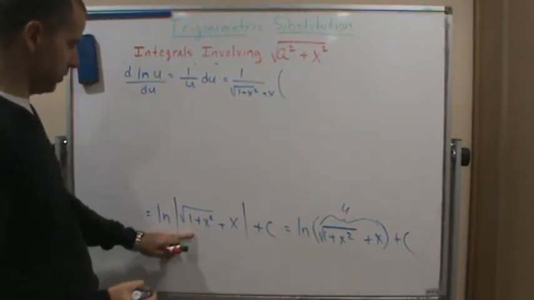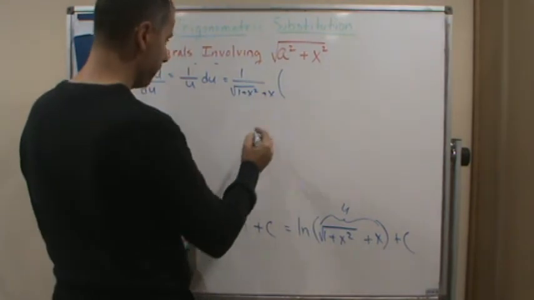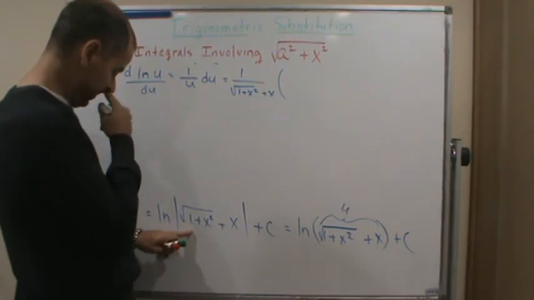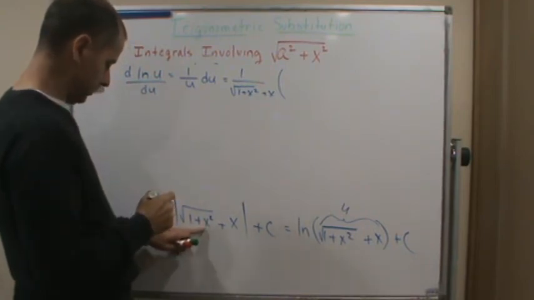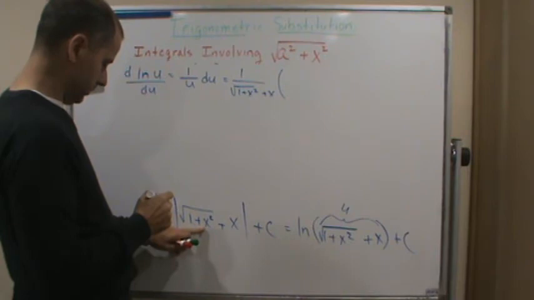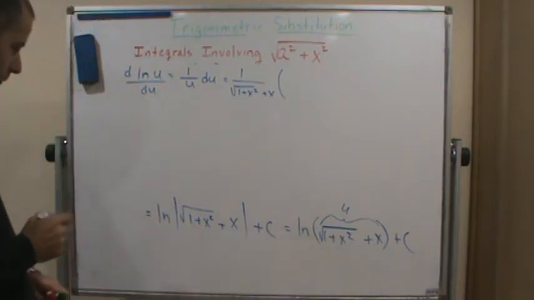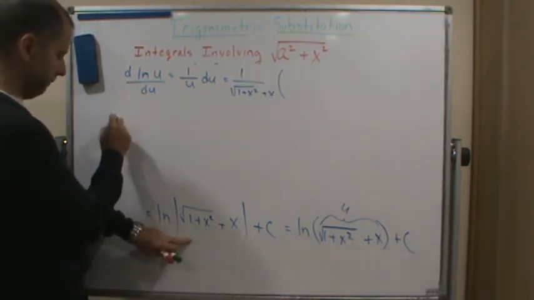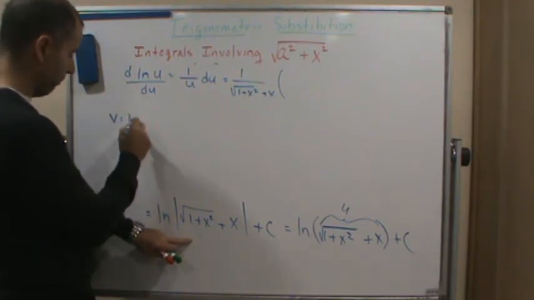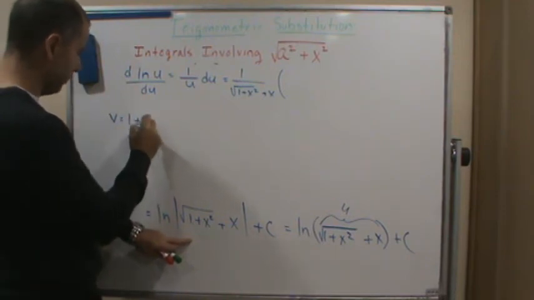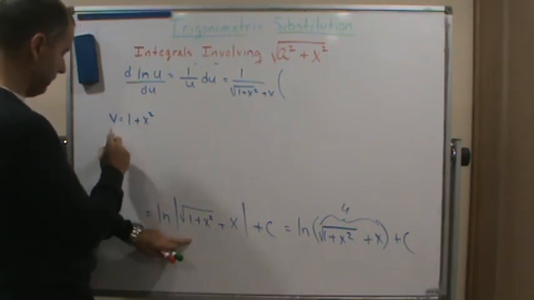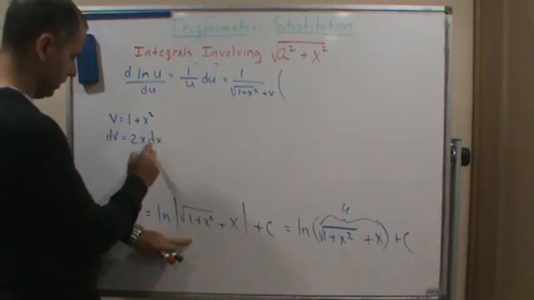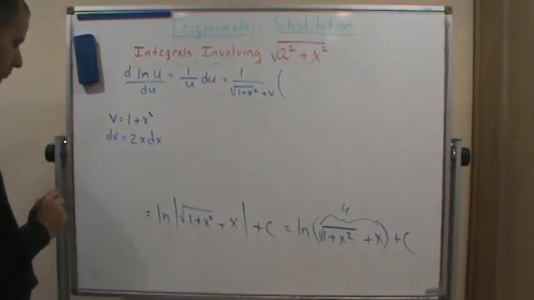Let's do a v substitution, right? So let's say v equals this, right? So if v equals 1 plus x squared, then dv equals 2x dx.